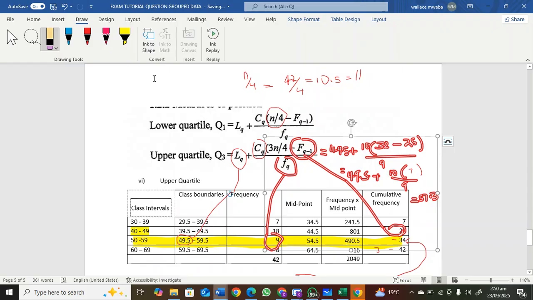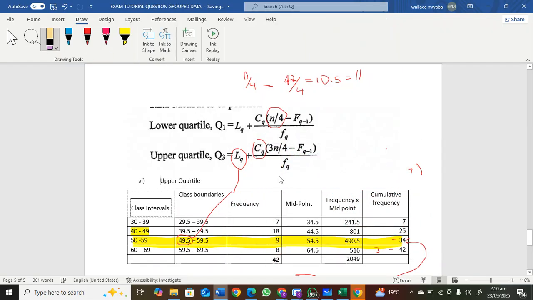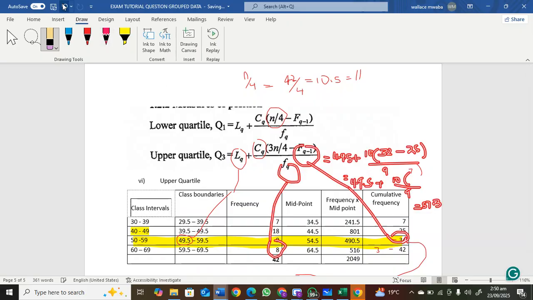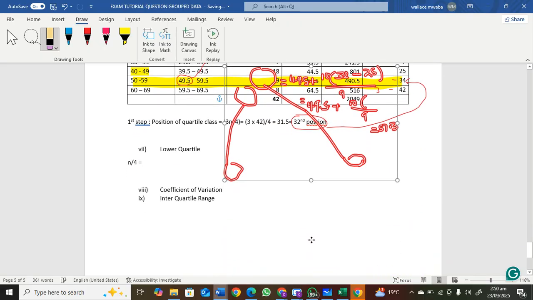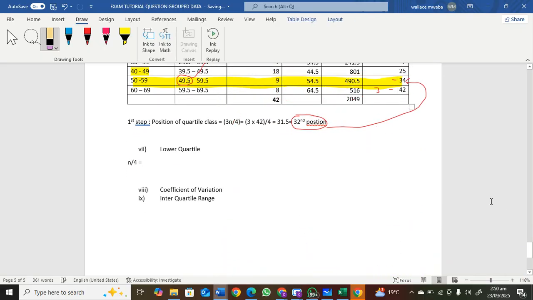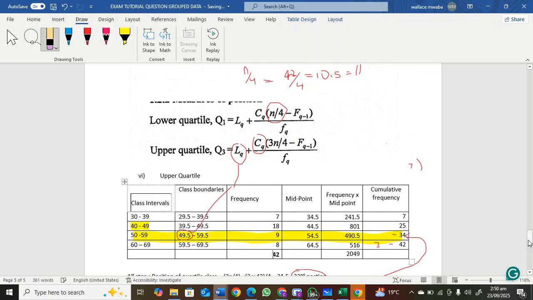So we come back to our cumulative frequency column. Let me get rid of this. We come to our cumulative frequency column and ask ourselves, where can we find the seventh position?